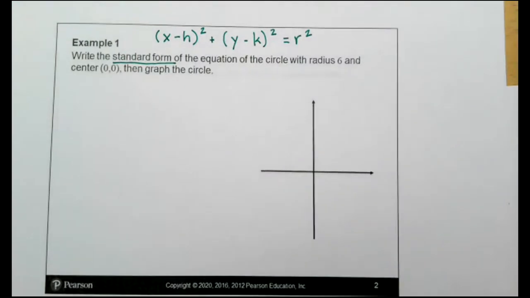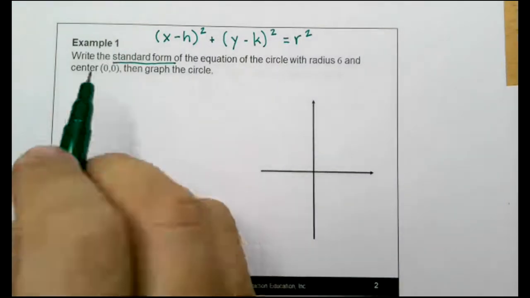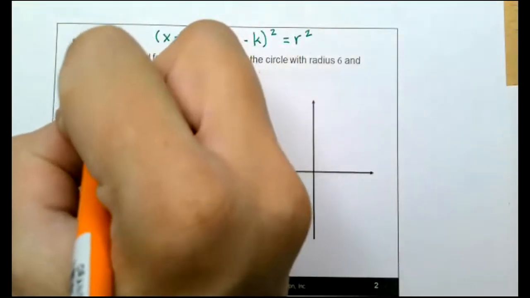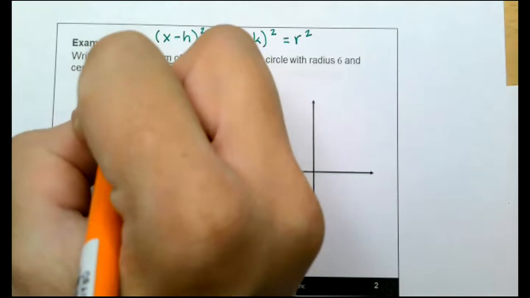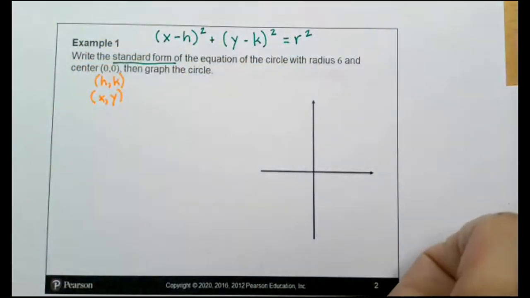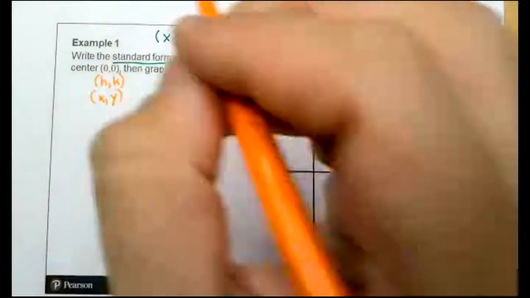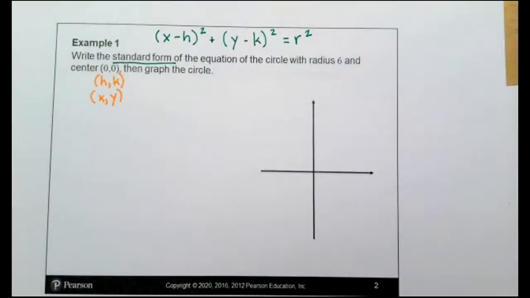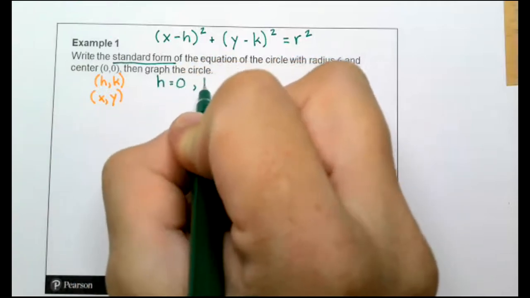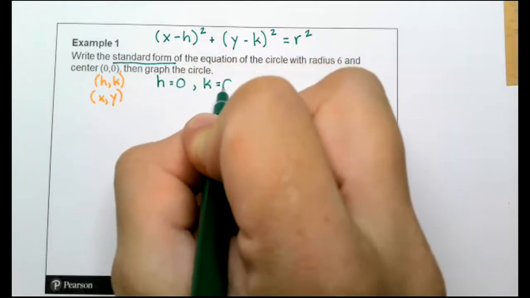Now, we have some values. The center, just like the center is XY, for a circle, you call it HK, okay? So we can say that H is 0, K is 0.